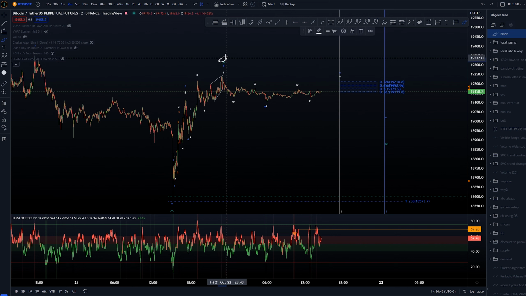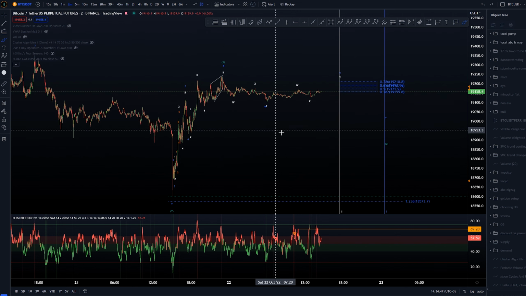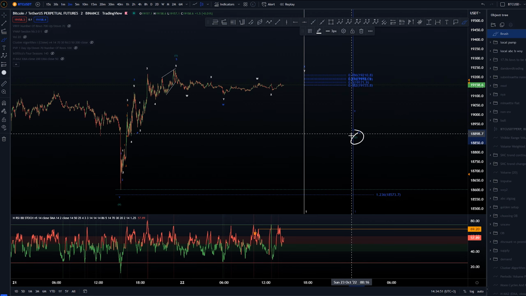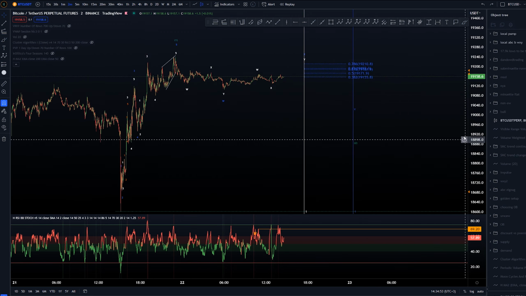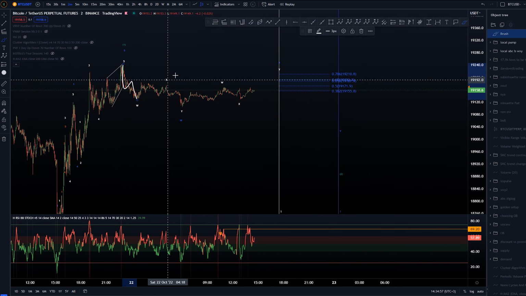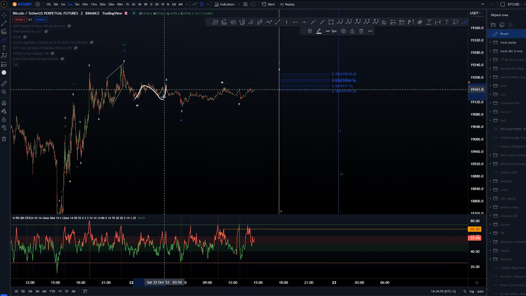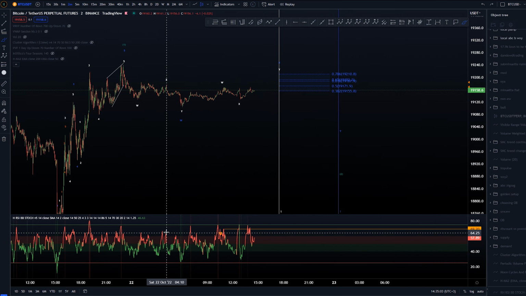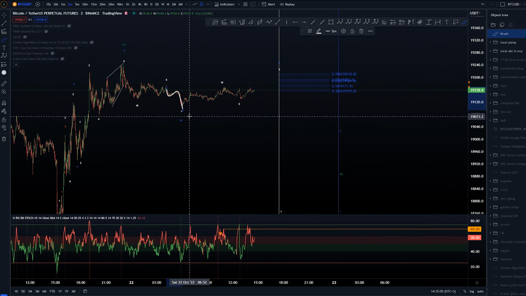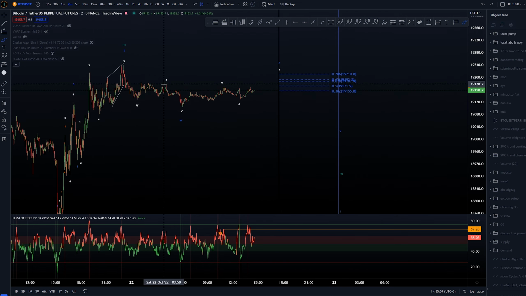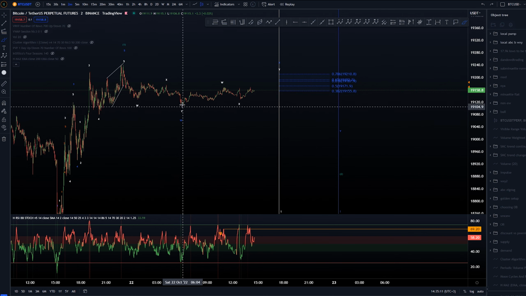So that's why I do think that wave 1 is done here, and now we are indeed in a more complex structure for that wave 2 to be completed. Now in here, I would think that we have a three-wave structure like so, another three-wave here, looks pretty good on RSI, and another three-wave structure coming down into the lows of wave Y. Again, WXY, just because all of these look very good as three-wave structures.